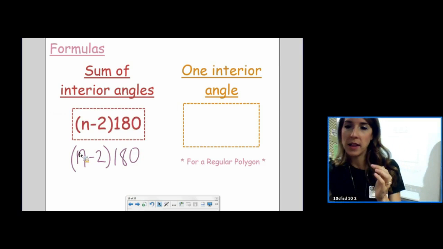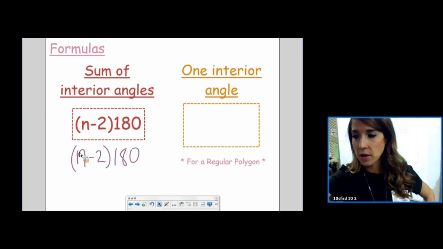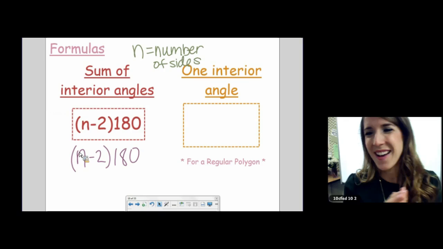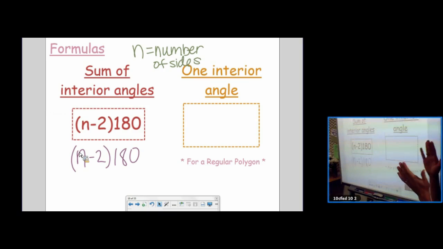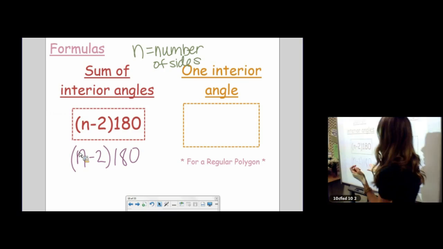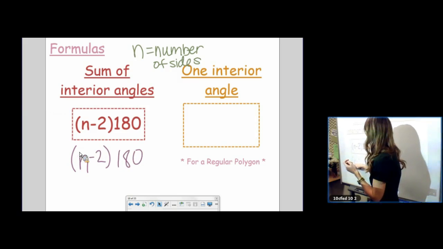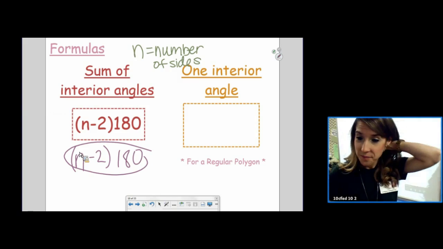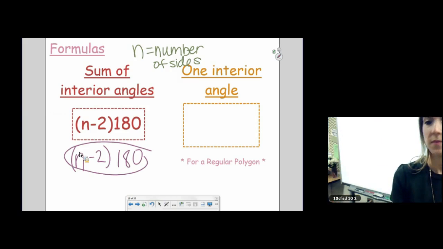So there, write it down. Very important formula. The sum of the interior angles can be found by the formula n minus 2 times 180, where n is the number of sides. Okay, and then if we wanted just one interior angle, we would take the same formula and divide it by n.